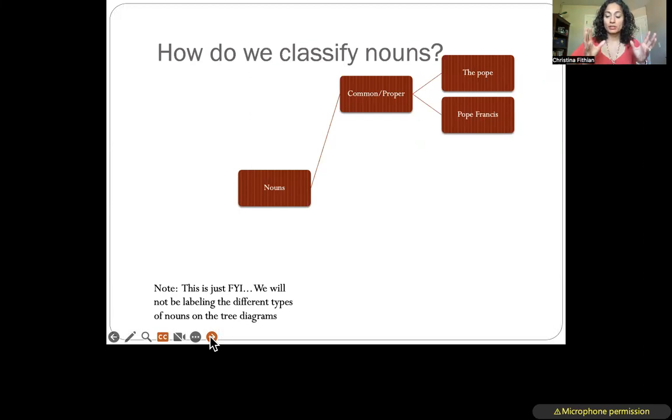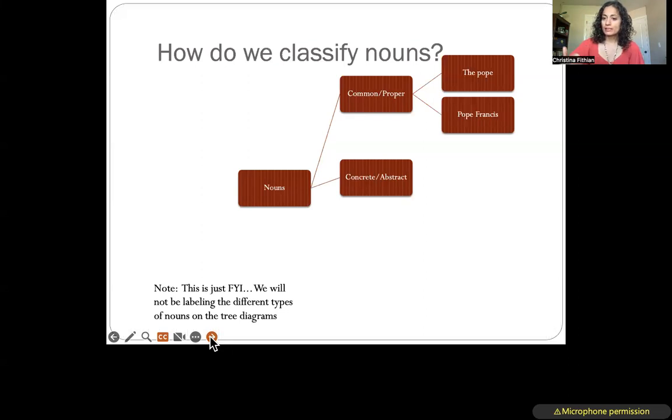The Pope is not specifically named. If, however, I talk about Pope Francis, well, now this is a proper noun. This is the name of a person. So proper nouns can be names of people, names of places, anything that's capitalized and refers to one single individual or one single entity is going to be considered a proper noun.